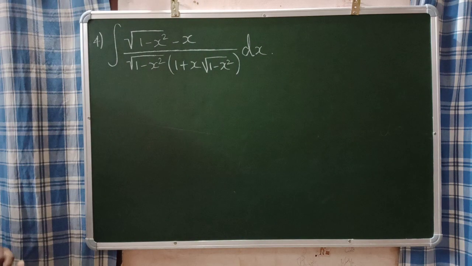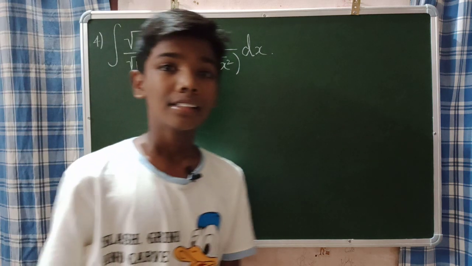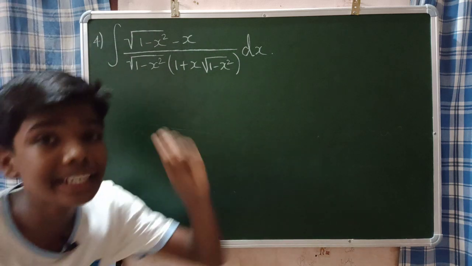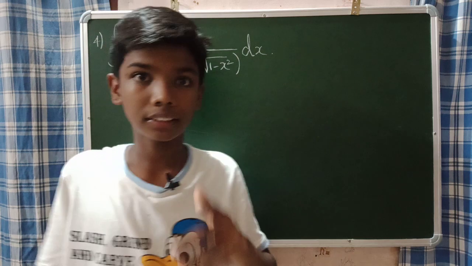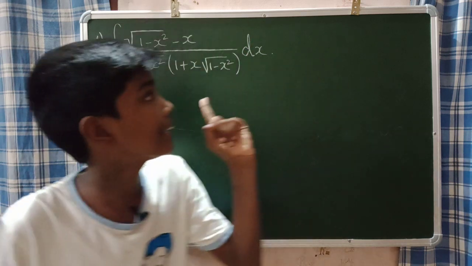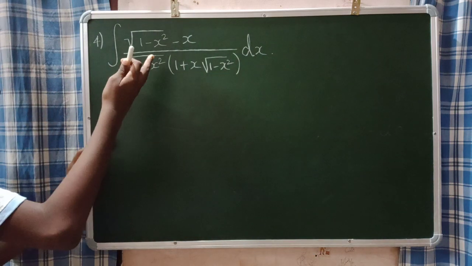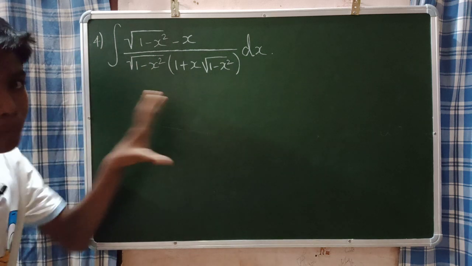So how to solve this question, guys? The main trick of this question is what value I am going to take for x. That is the main decision you are going to take to solve this, because the value that you take for x is a very important point here.